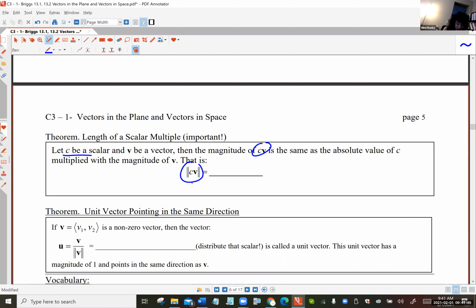There's the notation asking you to find magnitude with the double bars. Well, you could either find the magnitude of the vector as is, or if you want to make it a little easier on yourself, just take the absolute value of the scalar and then multiply that with the magnitude of the original vector. You'll get the same thing.